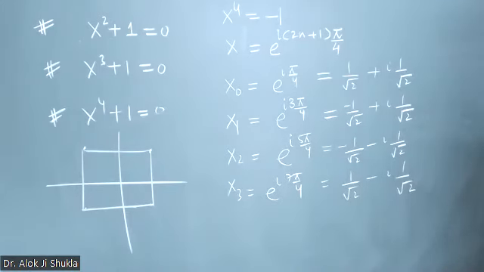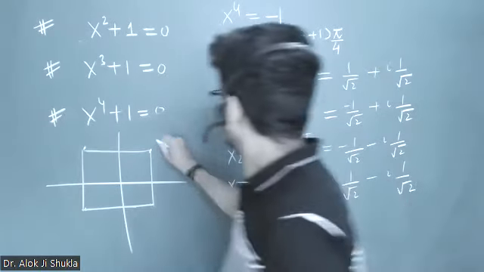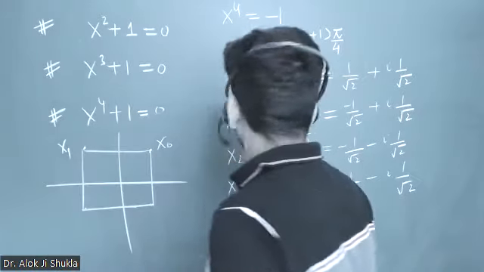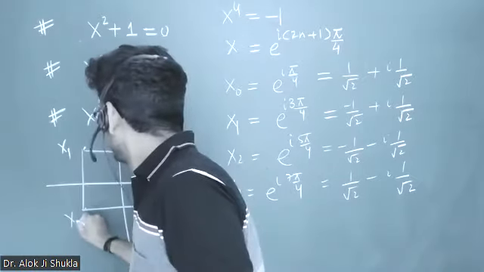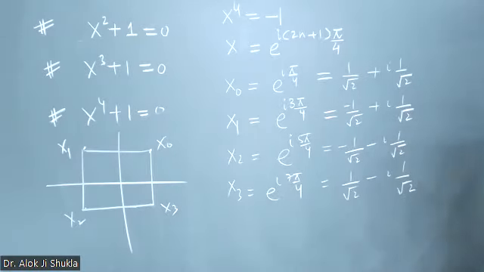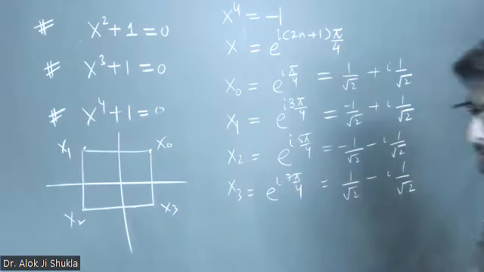Is that correct? This is x0. This is x1. This is x2. And this is x3. Okay?